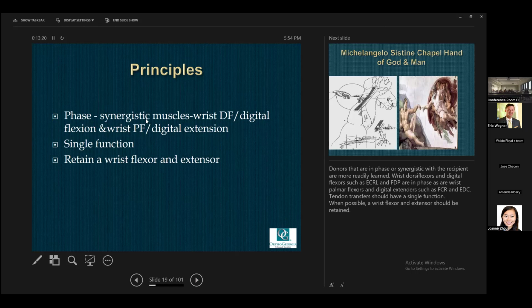Anybody who's ever done radial tendon transfers and has had the pronator teres transferred to ECRB knows that the FCR transfer is not going to dorsiflex the wrist and extend the digits. Each transfer has a single function, and you retain a wrist flexor and extensor. So if you've got the OITE or the boards in front of you and they ask you to pick out these transfers, if you see a set of transfers that involves both FCR and FCU, it's not that one.